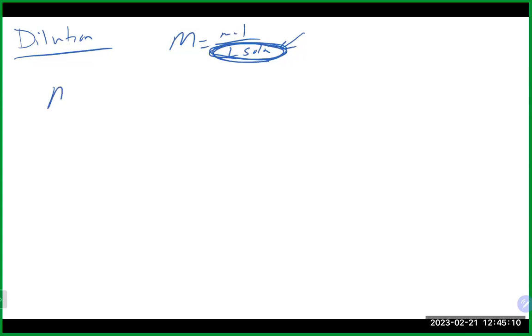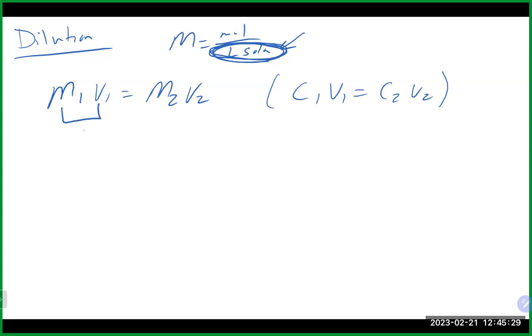So that's an M1 V1 equals M2 V2 situation: molarity and volume equals molarity and volume. Some people are taught C1 V1 equals C2 V2, same deal, just generic concentration and volume. Typically, M1 is the more concentrated solution and M2 is the more dilute solution.